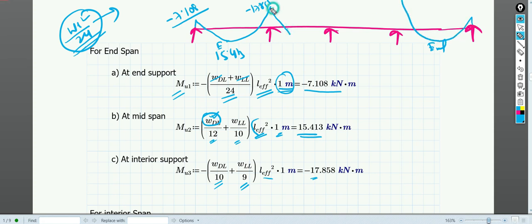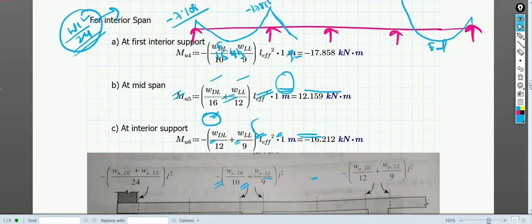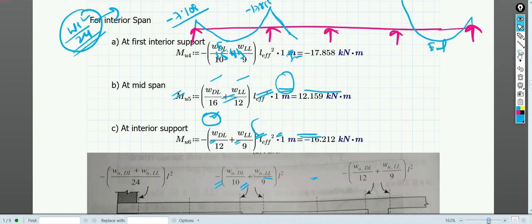Then we are talking about the inner spans now, right? So let's see the inner span.